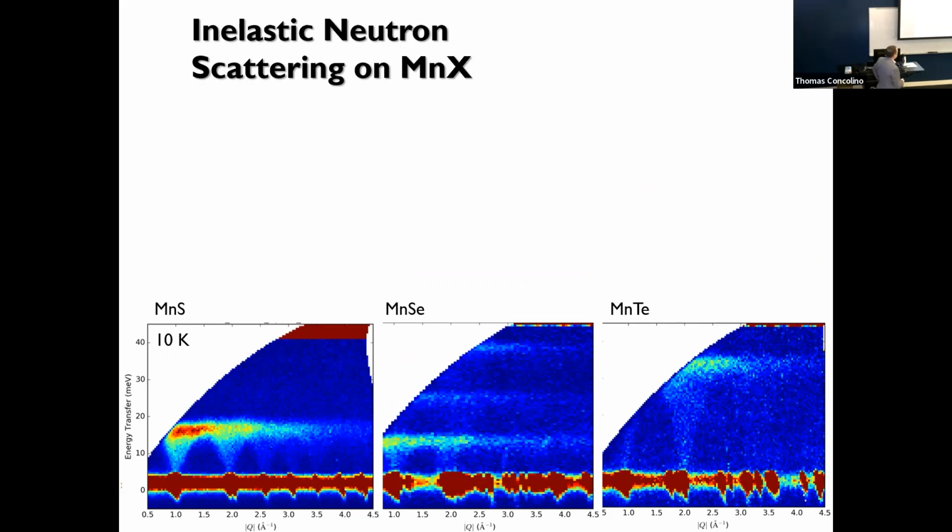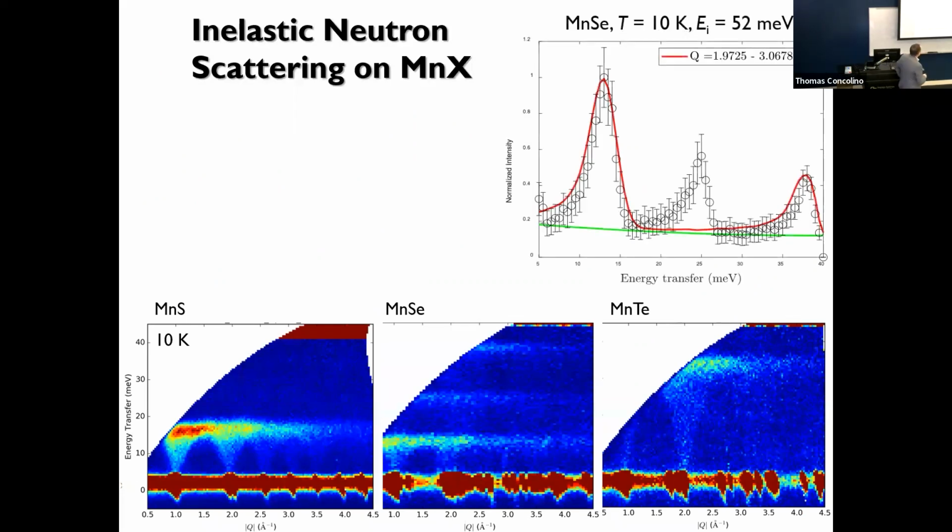In manganese selenide, we can take a section of this, integrate the data in some Q range, a cut from 1.97 to 3.07, and look at the peaks that we obtain and try to fit them to our model.